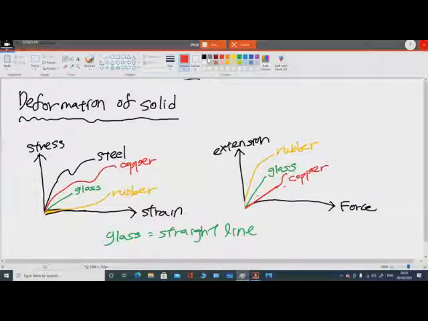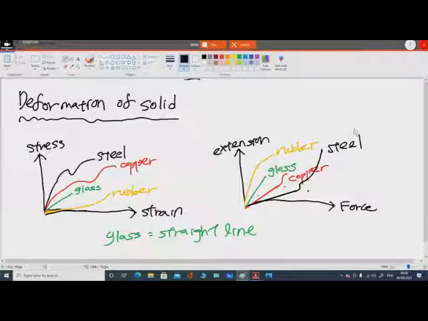Finally we have steel. Same here, this is the proportional limit. This one is steel.